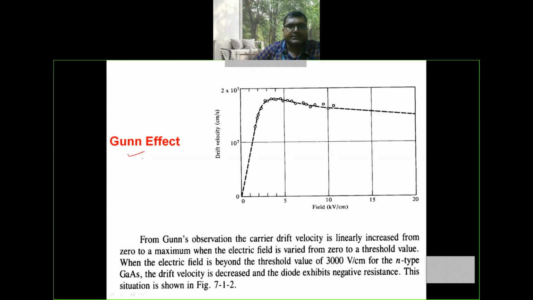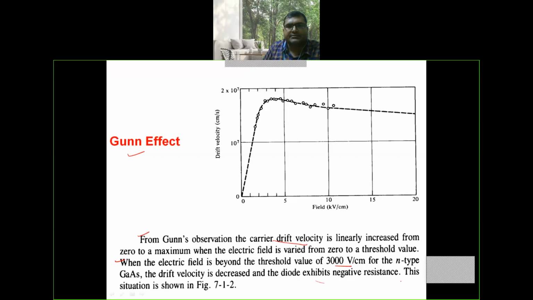From Gunn's observations, the carrier drift velocity increases linearly from 0 to a maximum value when the electric field is varied from 0 to a threshold value. When the electric field is beyond the threshold value of 3 kV per centimeter for the N-type gallium arsenide, the drift velocity decreases and the diode exhibits negative resistance.